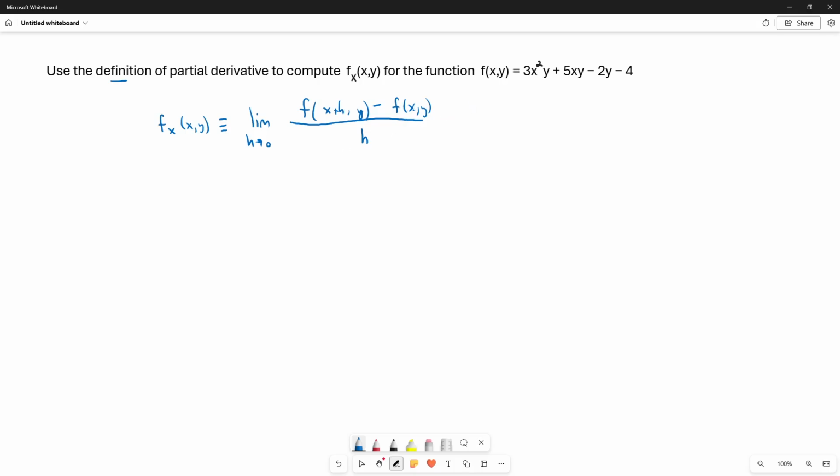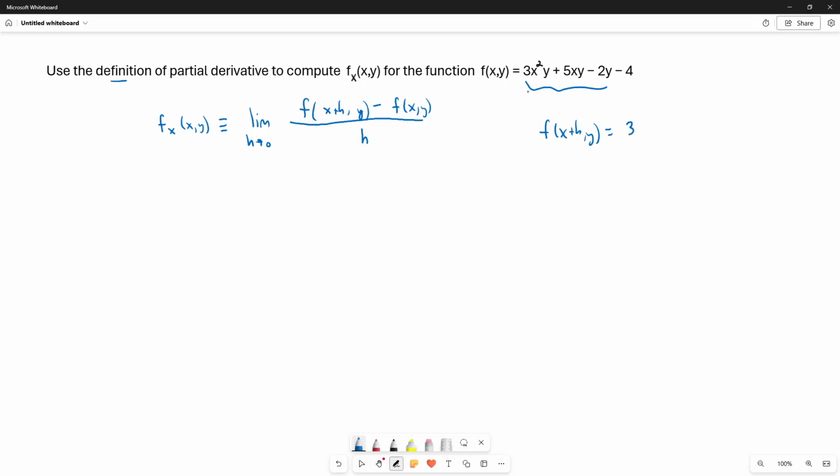So now the f of x, y we have here, and we have to compute f of x plus h comma y. So let's do the algebra required in this numerator off to the side. So f of x plus h comma y. So in the two places here that we see an x in the original function, we will replace that x with x plus h.